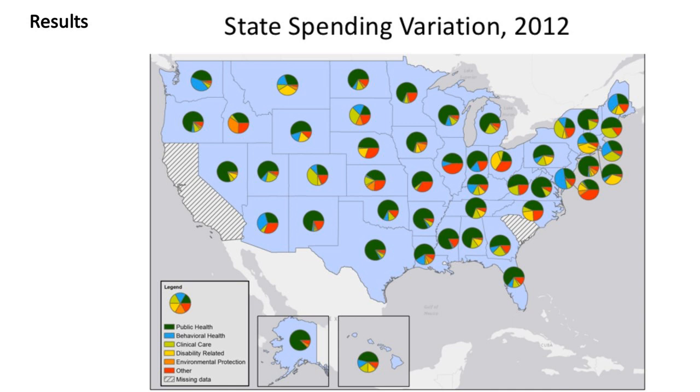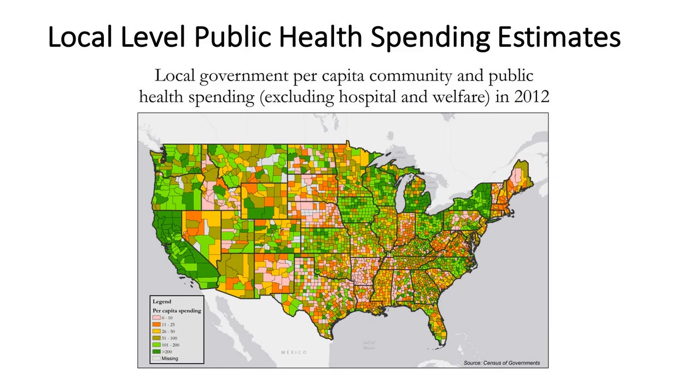The green part would be public health, then you can see the legend, but the point we're trying to make here is there's huge variation across all of these states in terms of how they're spending their state-level money, and that we think that's important to think about when we're thinking nationally, how are we spending our money, and what's the impact of such spending. So to have a better understanding of where the money is going is important.